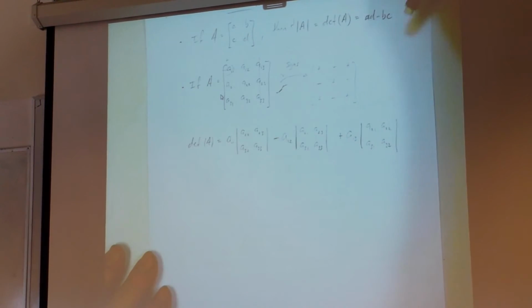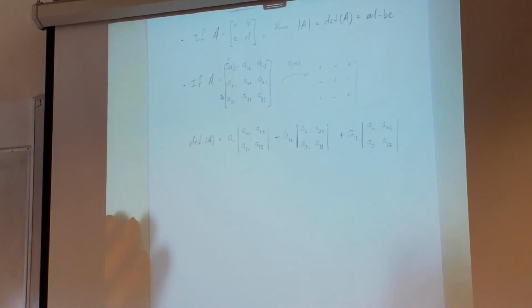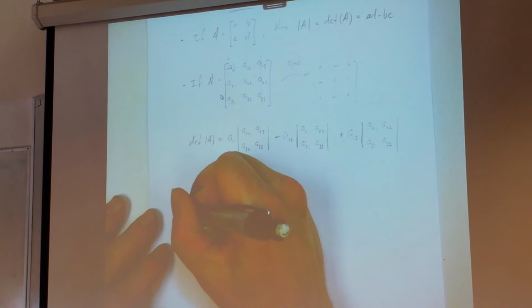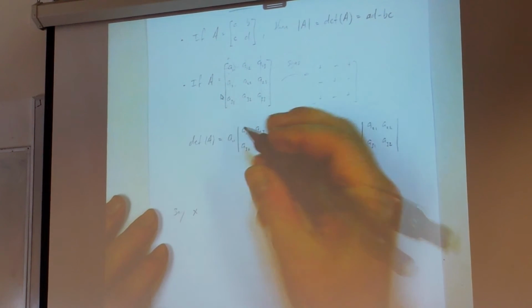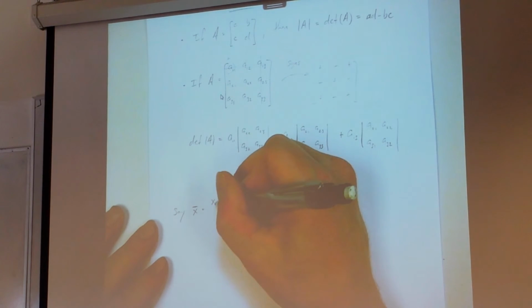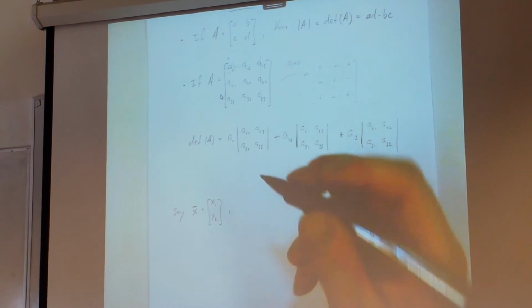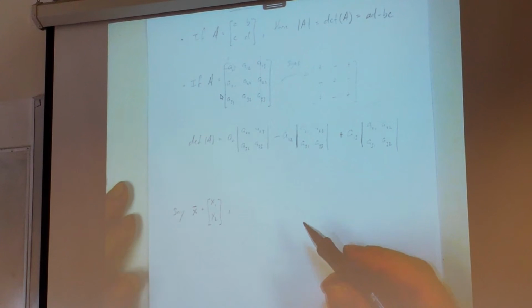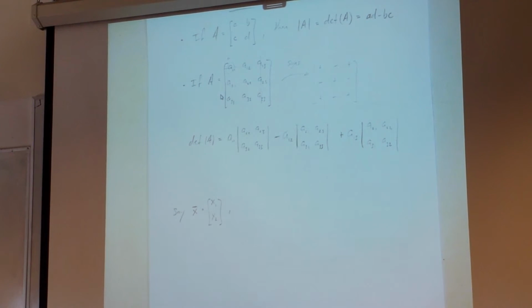Oh, say for a second, I just want to hit one more thing. Say we have a column vector of unknowns, say x1, x2, and my A is as before, as on the previous page.